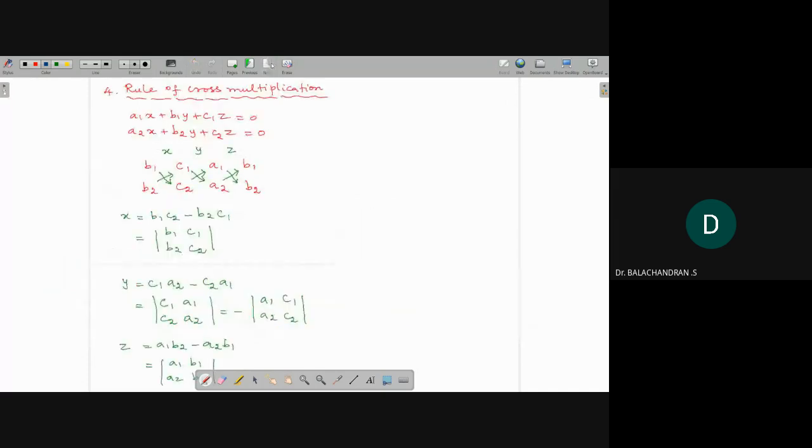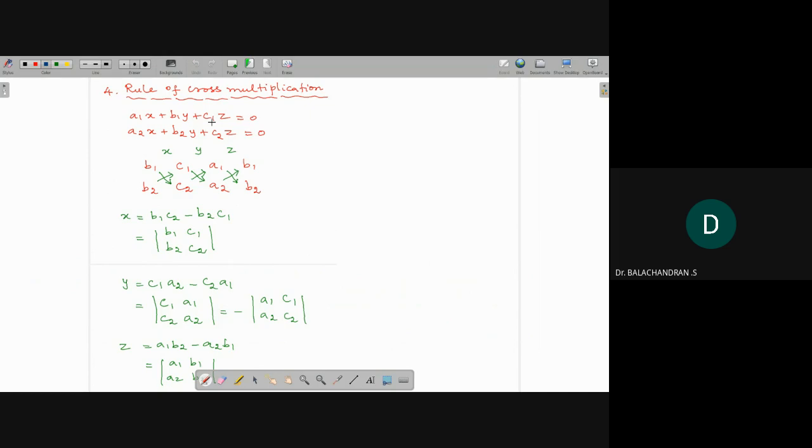And one more thing, you should know the rule of cross multiplication. Suppose you have two equations like this: a1x plus b1y plus c1z equal to 0, a2x plus b2y plus c2z equal to 0.